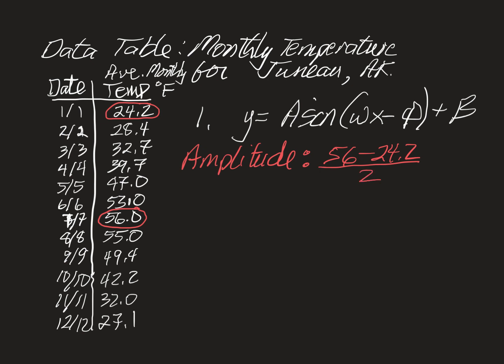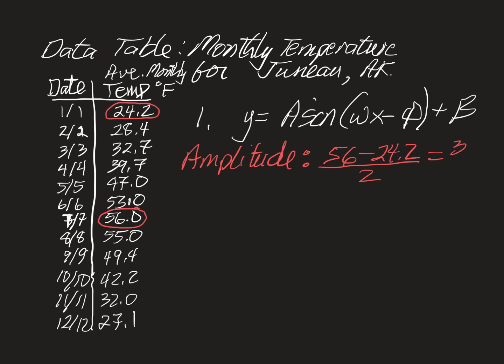So you take the highest value and the lowest value, and that would be your amplitude. So let's figure that out. So 56 minus 24 is 32.